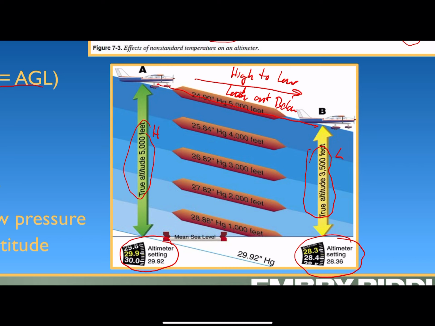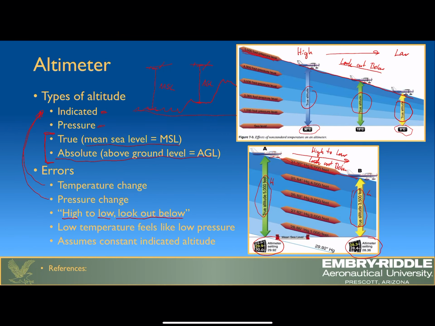So when we fly instrument and we're talking to ATC, we are the priority, which means they will always give you an updated altimeter setting whenever necessary to make sure that we're always flying the most accurate indicated altitude. So that's the goal. Okay, so those are things to be aware of with our altimeter.